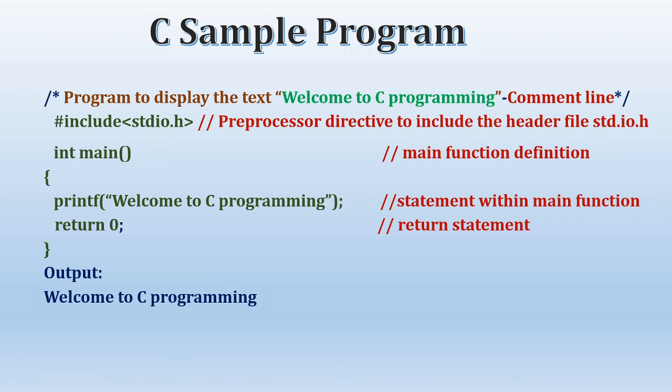This double slash is for a single line comment. So while writing a C program, we can provide comments so that your program is well documented. Anybody can read and understand what your program is actually doing.